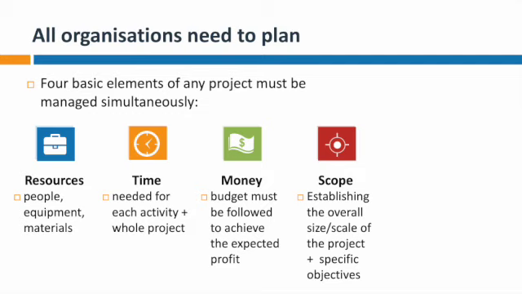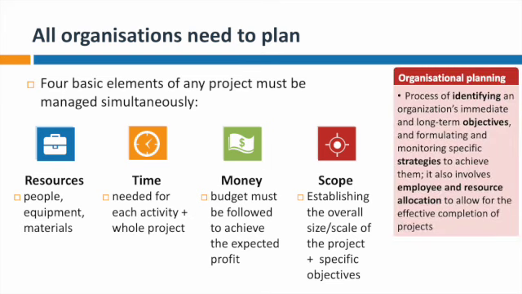Okay, remember that all good objectives need to be SMART, so they need to be specific, measurable, achievable, relevant, and time specific. This applies to projects as well. And basically, if you put all of these elements together, this is going to define the term organizational planning.